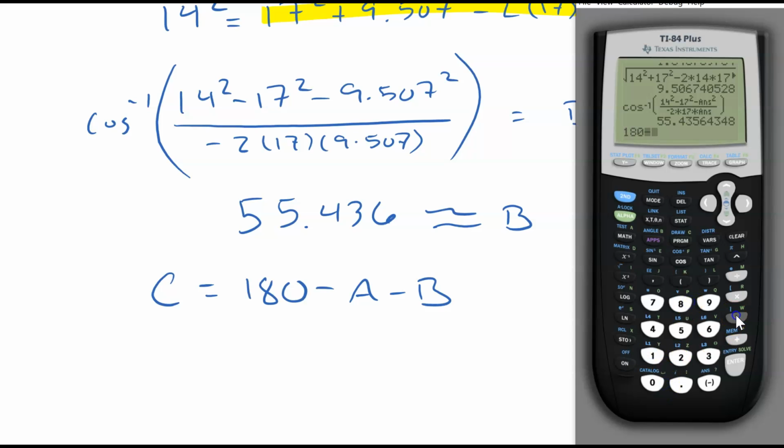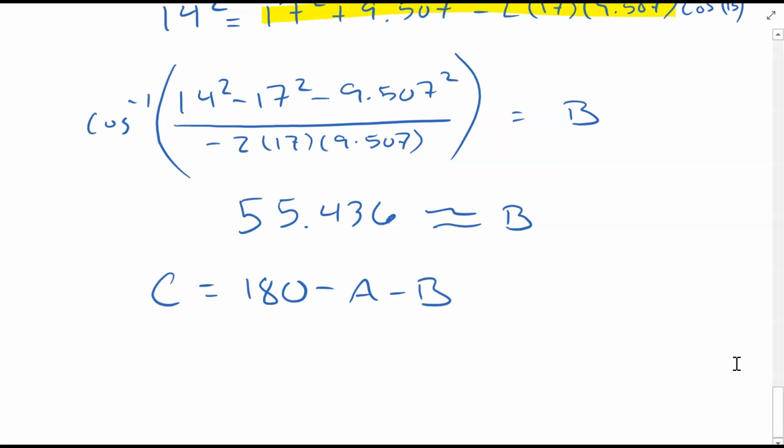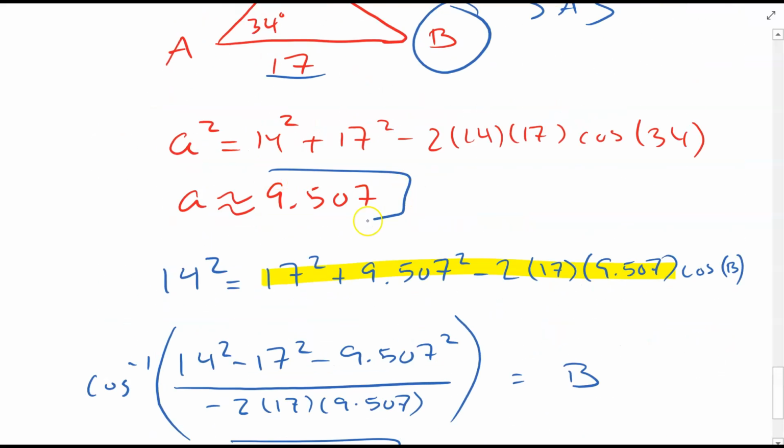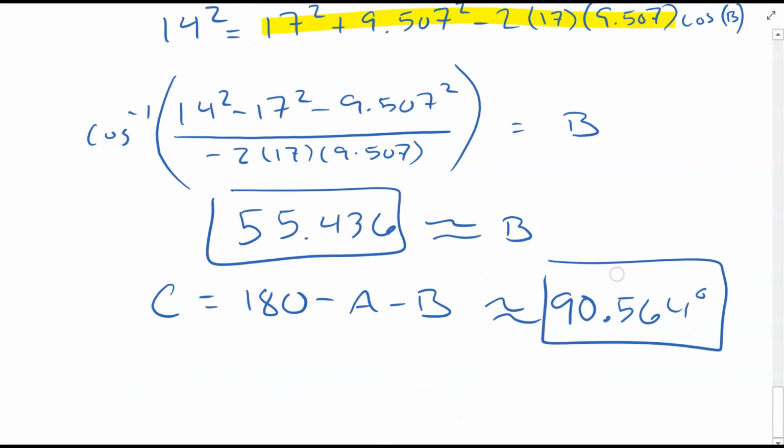So 180 minus 34 minus that previous answer. So that gives me 90.564. So those are the three parts that I need. Everybody okay there?